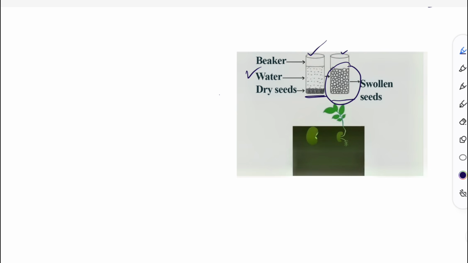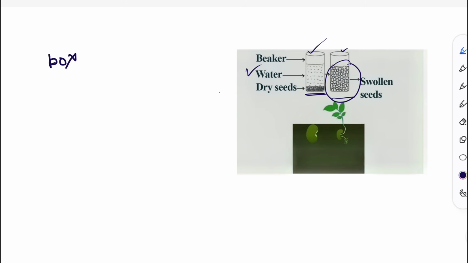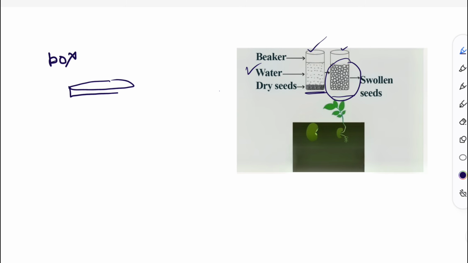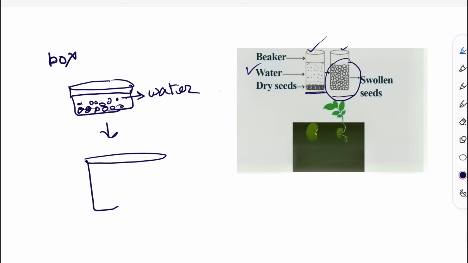And there is another very interesting experiment. Suppose you take a box, a plastic jar or something, with a lid, fill it with kala chanas or any other seeds, and you fill this box with water. Fine. So in the next few days you will see that this box is filled with the seeds, and the water is completely soaked up.